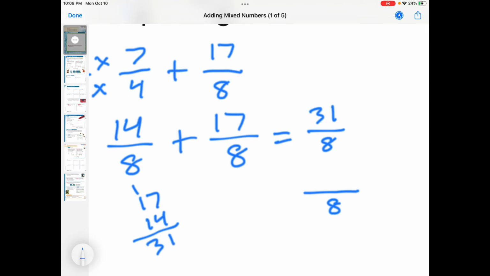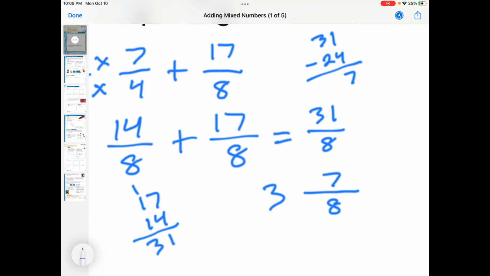So if I know that I can get 8 3 times into 31, and there's going to be a bit of a remainder, and I know we learned about remainders, so 8 times 3 is 24, okay? And so I'm going to go 3, and I know that 31 minus 24, well, we know that 30 minus 24 is 6, but we've got that 1 right there, so that's going to be 7. And so our remainder is going to be 7. Our answer is going to be 3 7/8, okay?